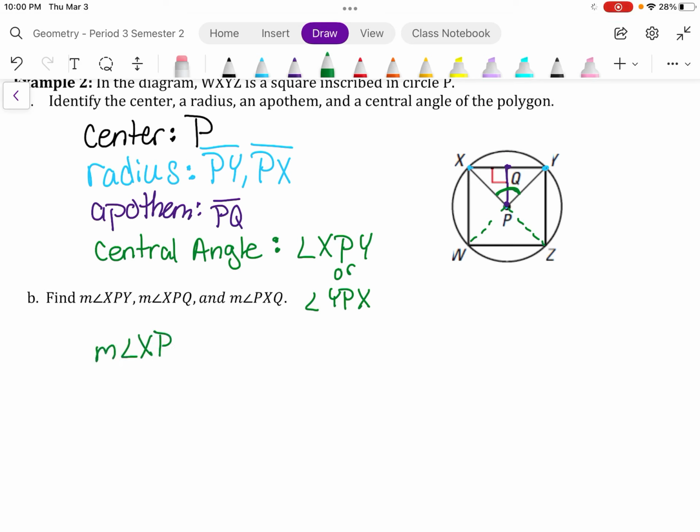So to find the measure of angle XPY, we're going to take 360 degrees and divide it by 4. And that's going to end up being 90 degrees. So we know this is a right angle on the inside. Next, they want us to find the measure of XPQ.